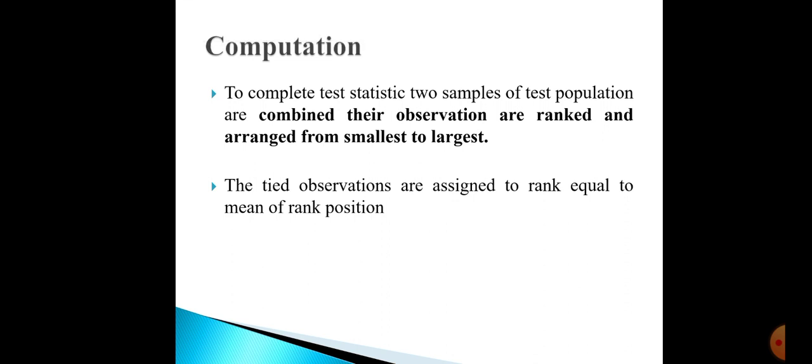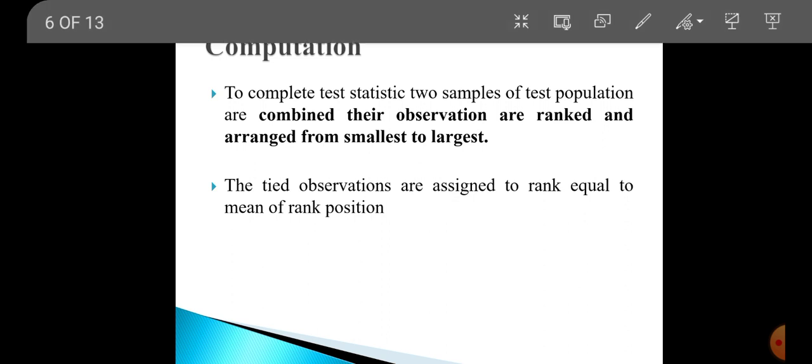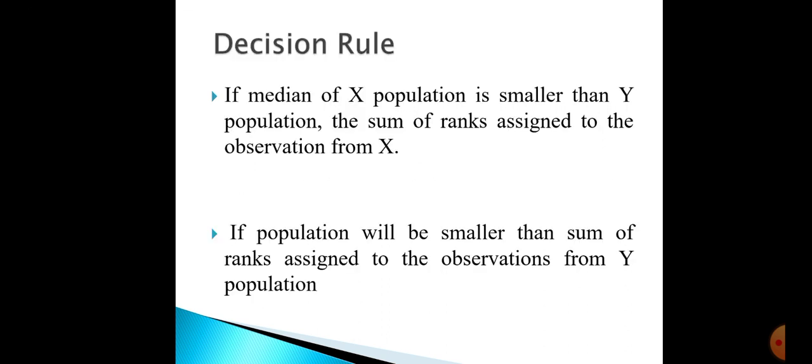With the help of an example, I am going to discuss how this can be used. So the decision rule is, first, if the median of the X population is smaller than Y, then the sum of ranks assigned to X is smaller than the sum of ranks assigned to the observations from the Y population.